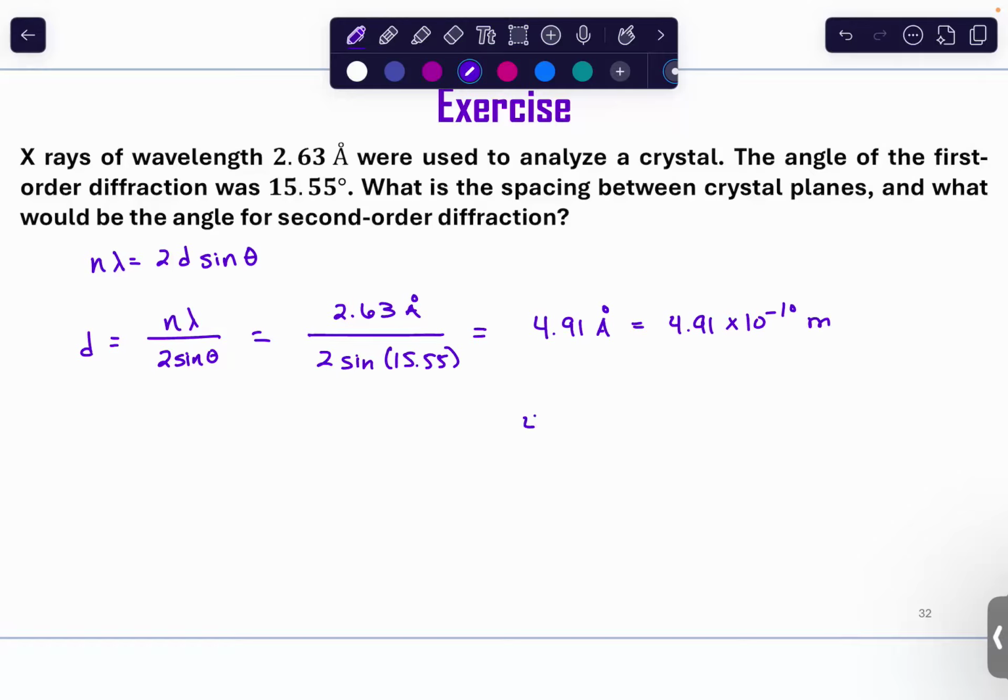If I move to 491, that would be 10 to the negative 12th meters, or 491 picometers. Again, if the problem doesn't tell you what unit to end in, you can just end in the first one you get, like angstroms. But make sure you can navigate around all of these.